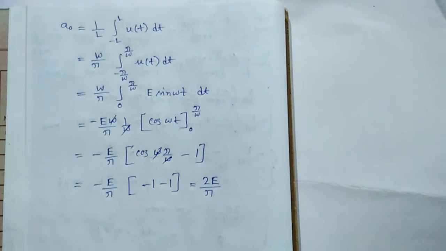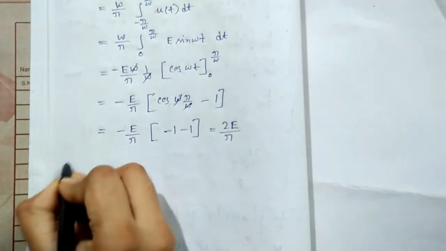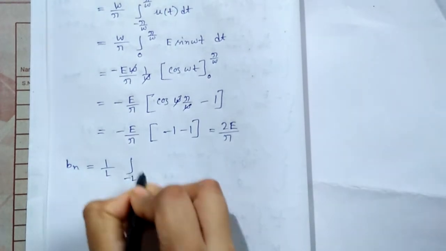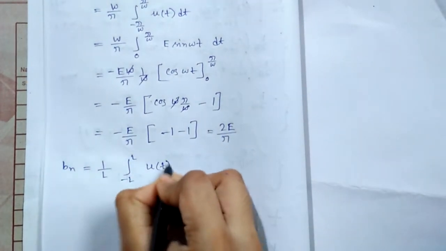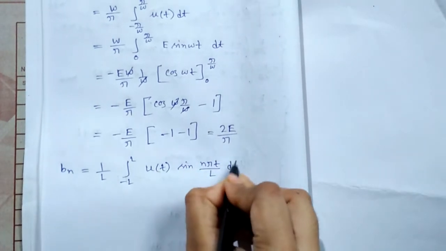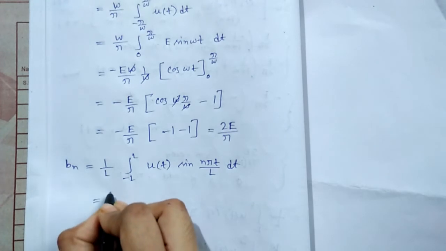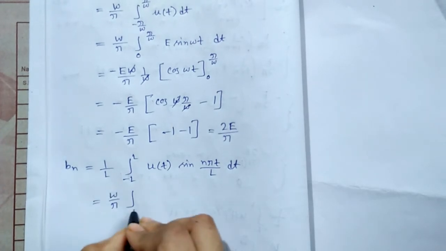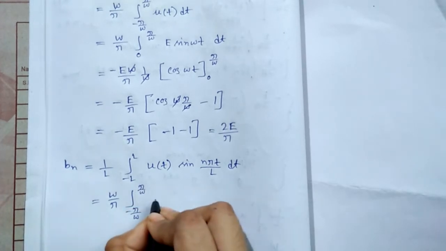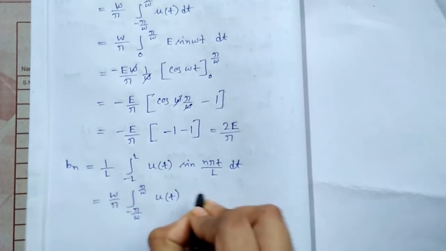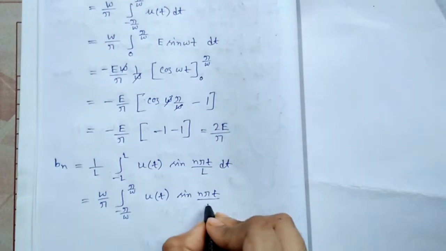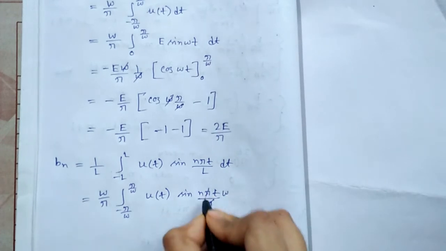Okay. Next we have to calculate the value of bn. So bn equals 1 by L integration from minus L to L of u(t) sin(n pi t by L) dt. Similarly, put the value of L: u(t) sin(n pi t by omega), pi by omega cancels out, dt.